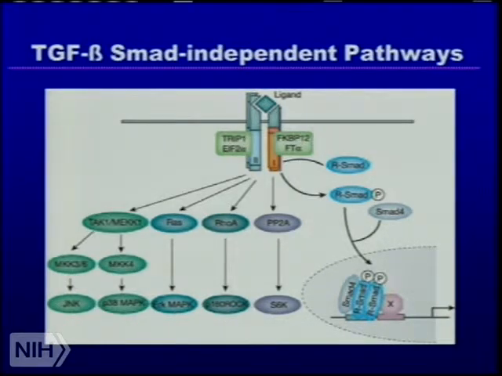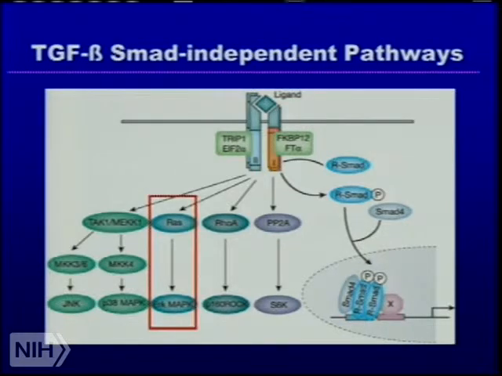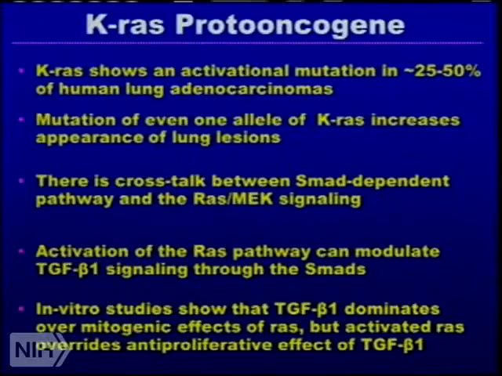Okay? So why is this important? Well, we became particularly interested in the RAS MAP kinase pathway because in lung cancer, the KRAS gene shows an activating mutation in as many as 50% of human lung adenocarcinomas. Mutation of even one allele of KRAS has been shown to increase the appearance of lung lesions in human cancer.